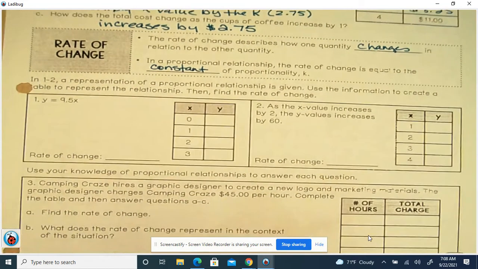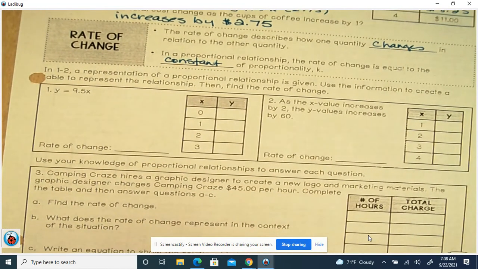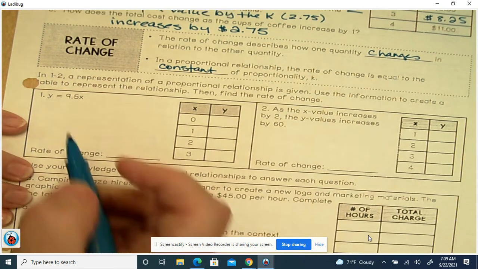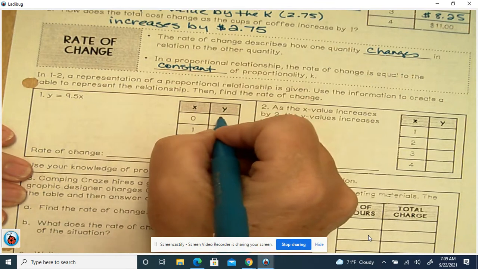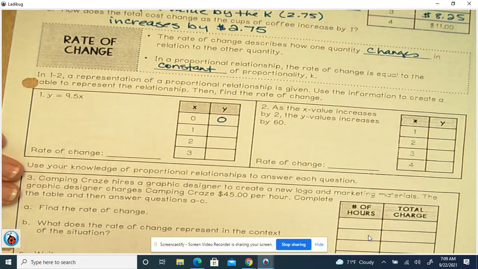In problems 1 and 2, a representation of a proportional relationship is given. Use the information to create a table to represent the relationship, then find the rate of change. All the kids know that for it to be constant, it has to go through 0, 0.